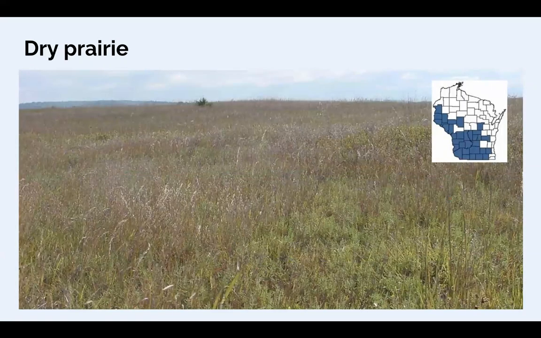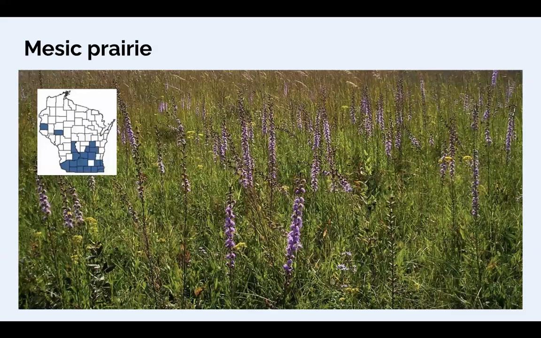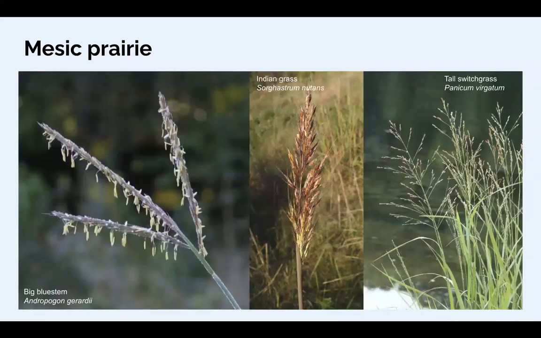Dry prairie, as the name implies, is pretty dry, mostly southern. And in a lot of our prairie habitats, we're going to be looking at the graminoids to define those. So grasses and sedges are big determinants of the prairie habitat. These are some example grass species you might find in the dry prairie. Mesic prairie has a similar distribution. And again, some practice will probably get you more familiar with these kinds of species.